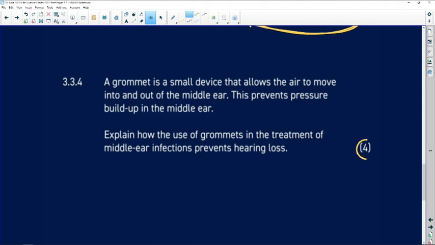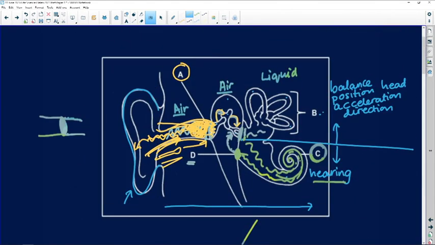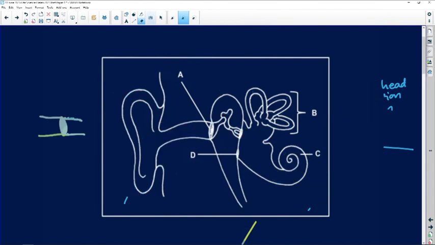And it's an explanation, so we have to earn our 4 marks. Let's go back to the diagram, which is now a big mess. So we're going to take everything there off and we're going to go back, and now we're going to look at what we are talking about in this subsection.